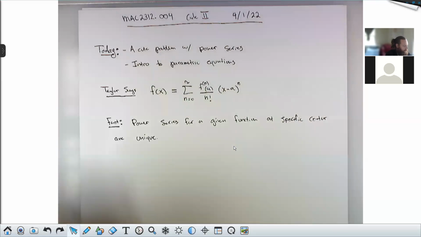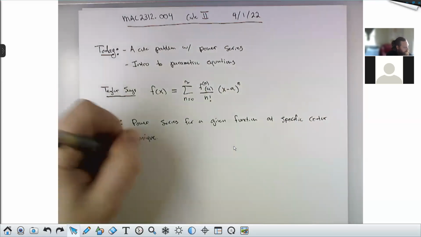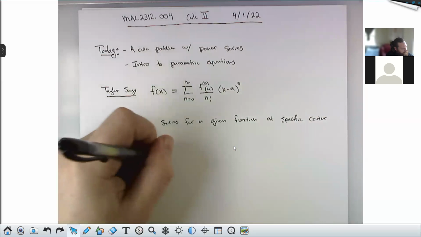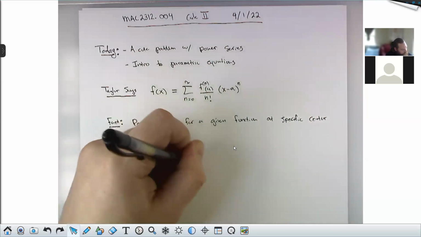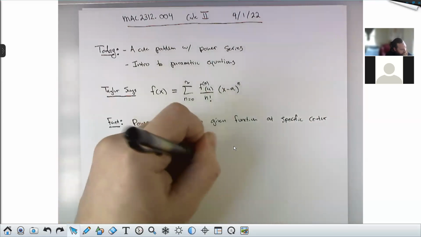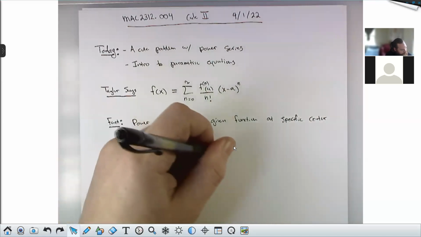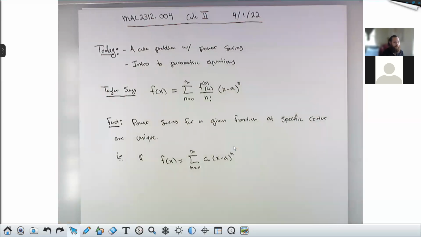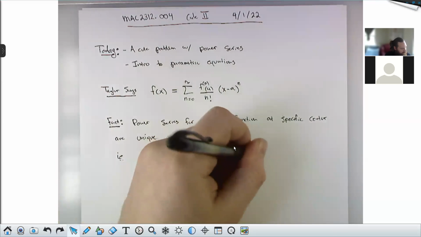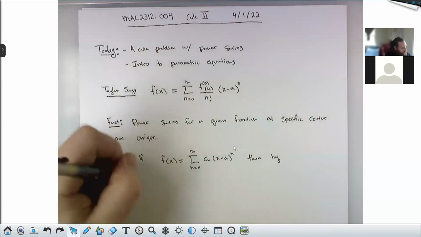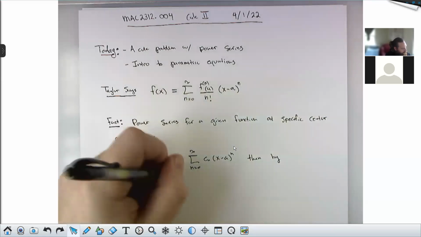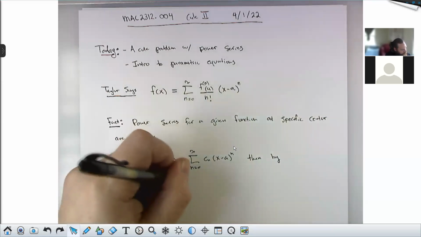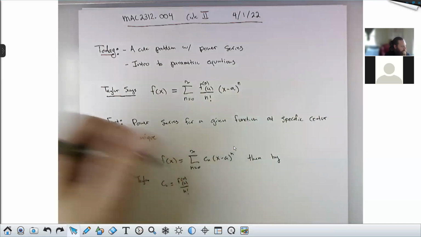So in other words, if f can be expanded as a series, the sum of c_n times (x minus a) to the n, then by Taylor, the c_n's must be f^(n)(a) over n factorial.